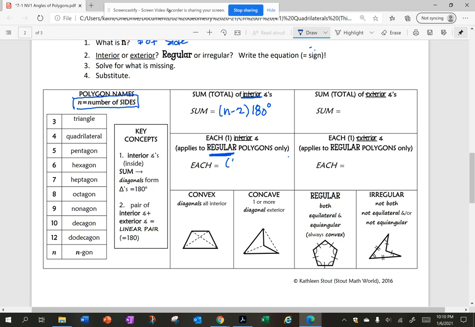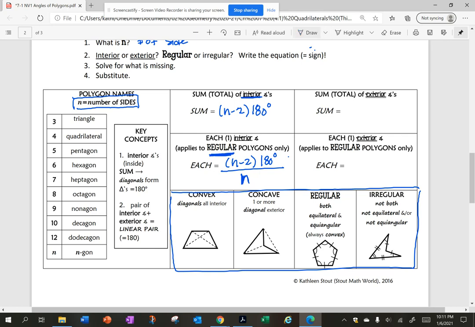So that would be n minus 2 times 180 degrees divided by n sides. So that would give me each angle for a regular polygon. So that means it is equiangular and equilateral. So these are definitions that we reviewed already. Okay, so let's go from there and then we'll get to the exterior angle formulas.